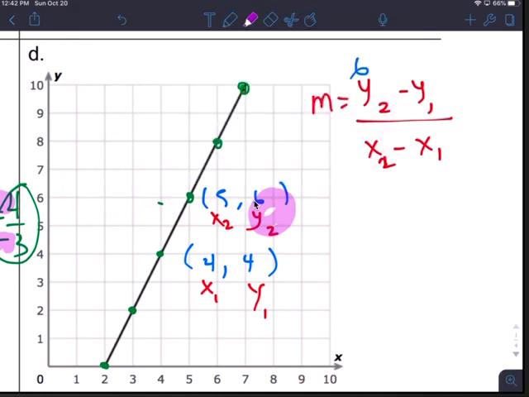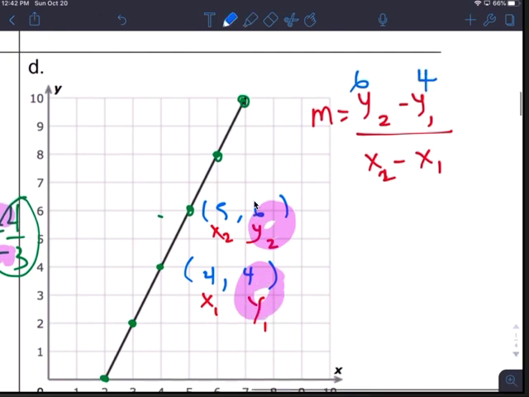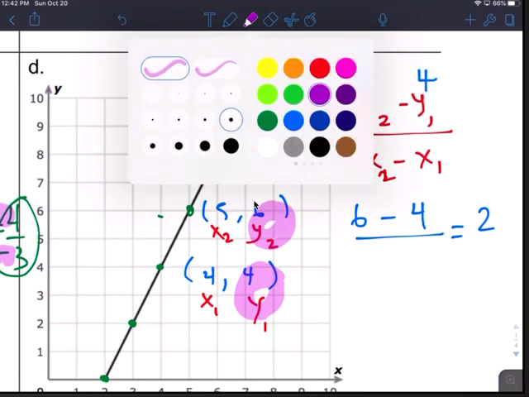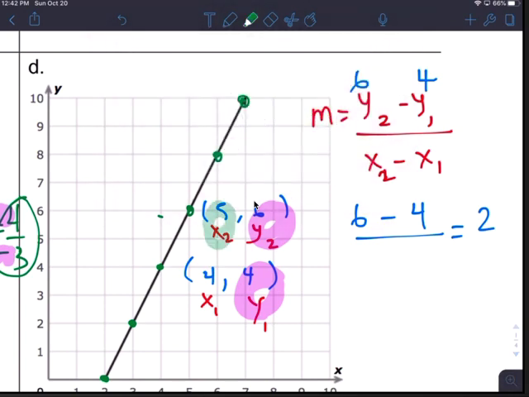Minus y sub 1 is 4. 6 minus 4 is 2, over x sub 2, 5, minus 4. So your rate of change is 2 over 1, or just 2.